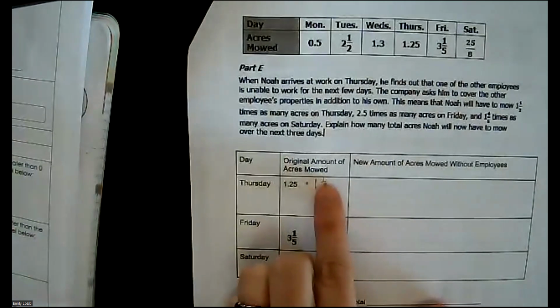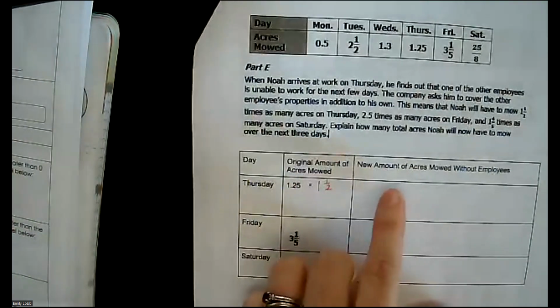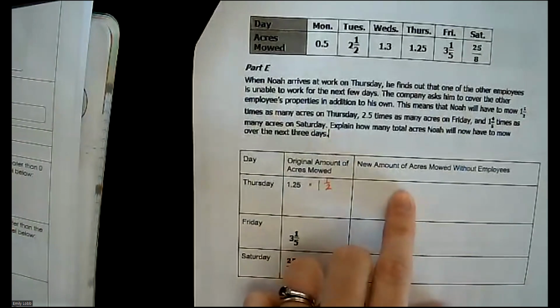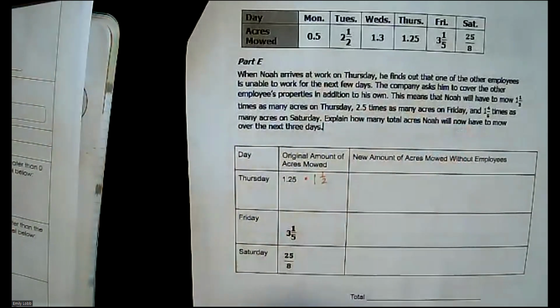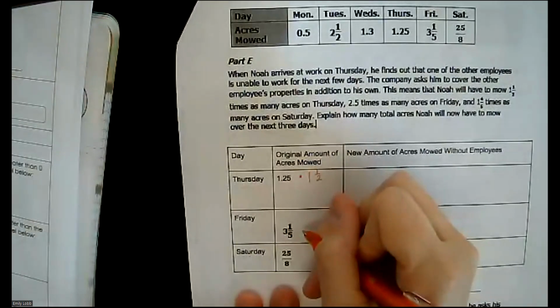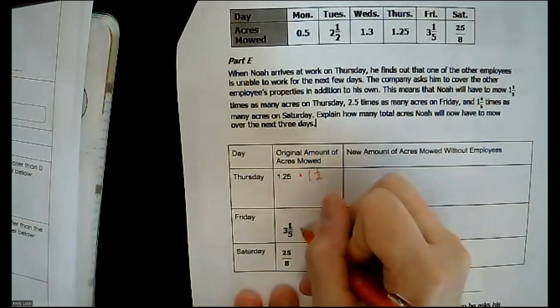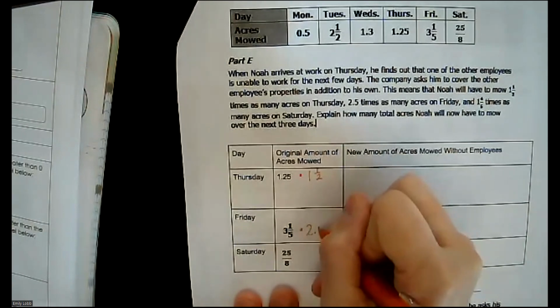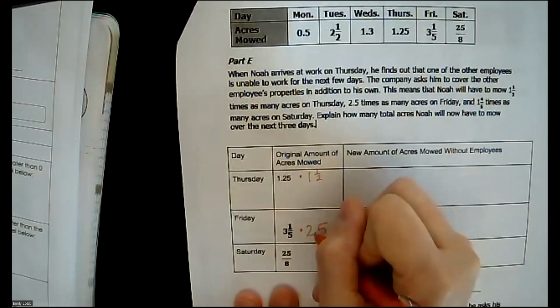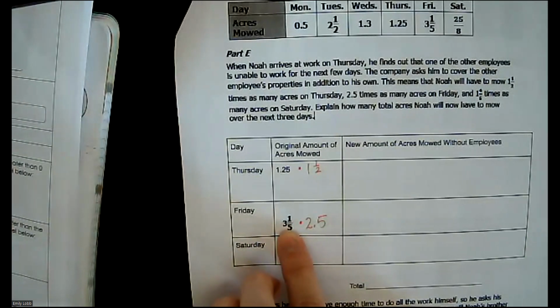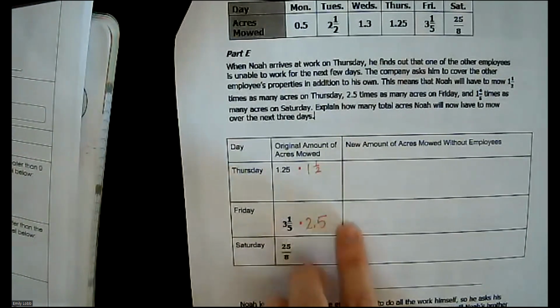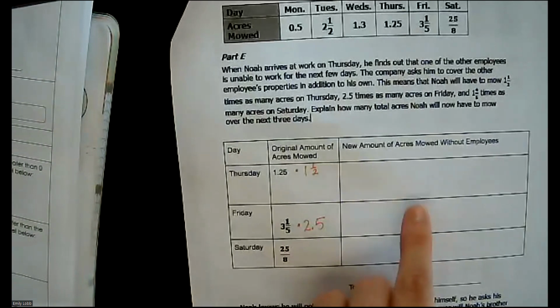You can change this to a decimal and multiply the 2 to get your new amount. 2 1/2 times as many acres on Friday. So I'm saying times, actually they wrote it as 2 5/10. I read it as 2 1/2, sorry. You can change this to a decimal. You should have already changed it to a decimal. Multiply them together to get your new amount.